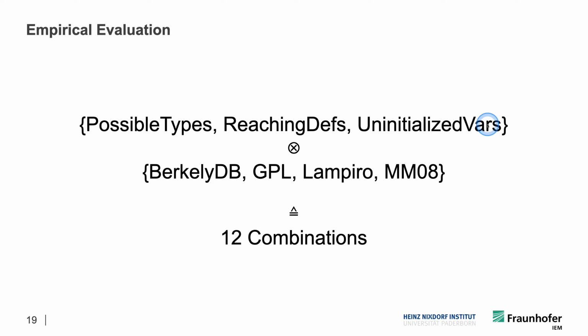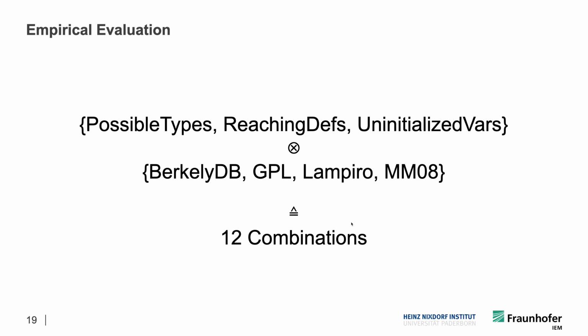And we also had an analysis for possibly uninitialized variables. And we applied these to 4 different Java-based product lines. But these were rather small toy examples, I would say, right? So the largest had a few thousand lines of code and also not that many features. So this was still comparatively small.